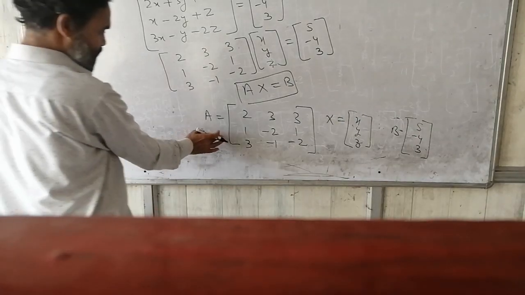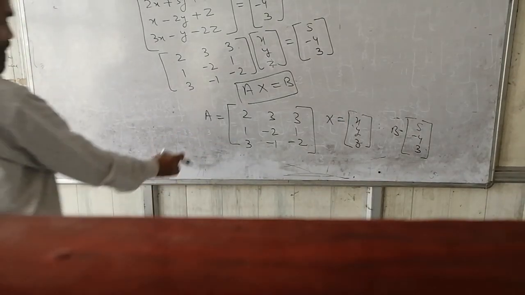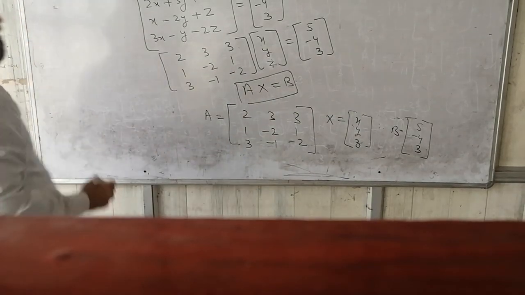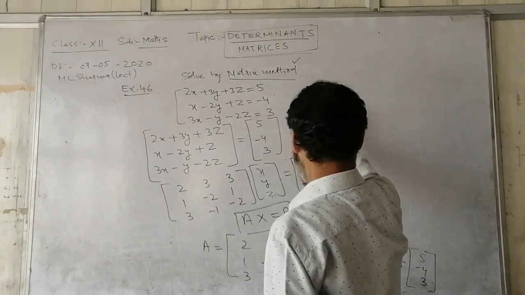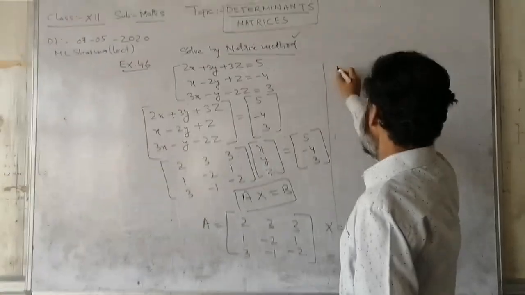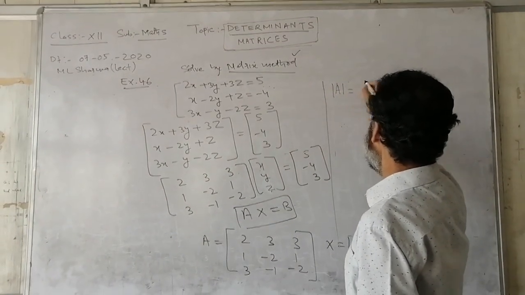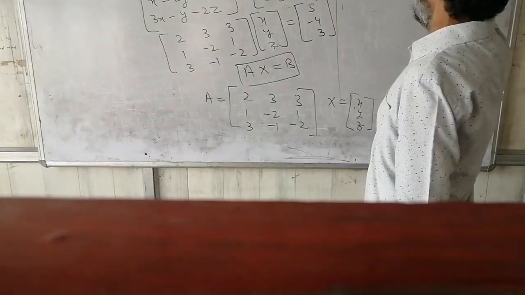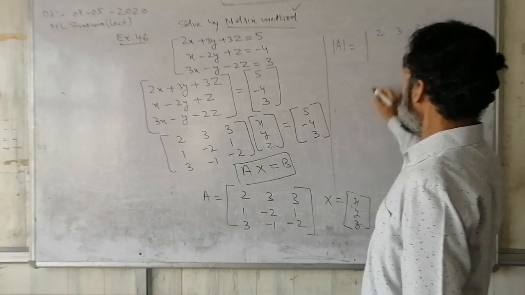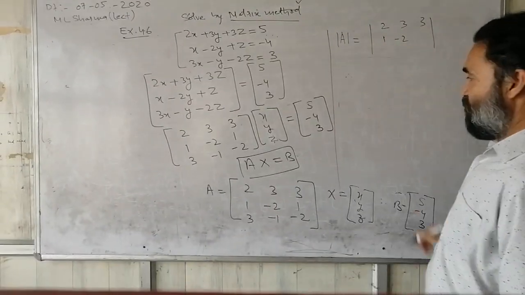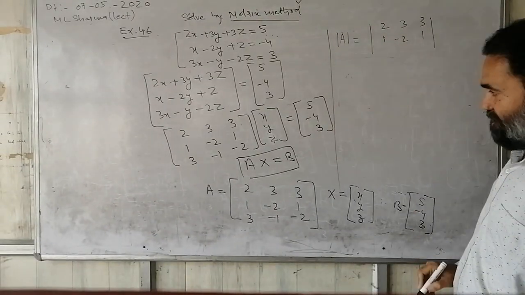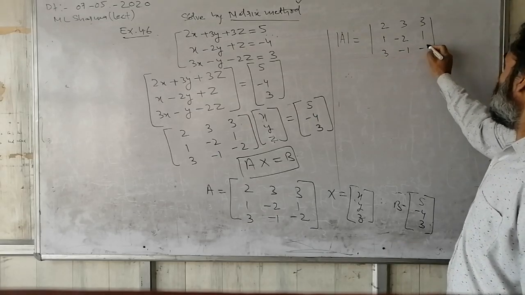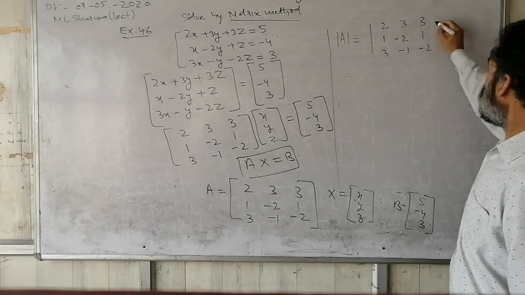So next step, I have to find the determinant of this matrix A. So I can find its determinant: determinant of A is 2, 3, 3, 1, minus 2, 1, 3, minus 1, minus 2.